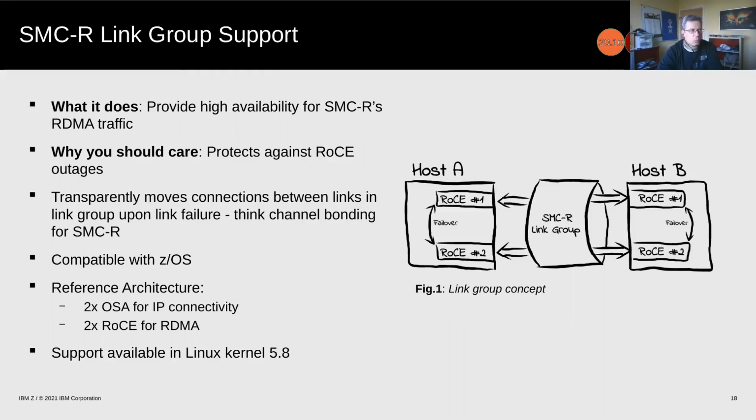And one thing which we didn't support before with SMCR was link groups, which is essentially failover support. So you can now, in Linux, have multiple RoCE Express adapters, two of them to be exact here. And in case one of those RoCE Express adapters has an outage for whatever reason, maybe it's a cable pull or device failure, doesn't matter, the traffic fails over transparently to the remaining RoCE Express adapter, and that continues to operate.